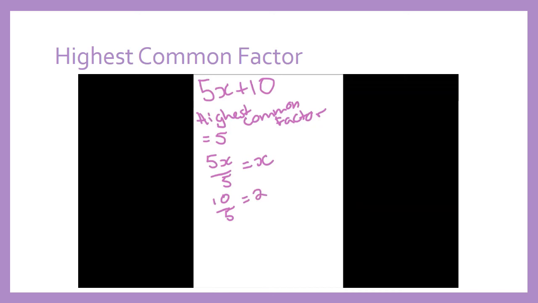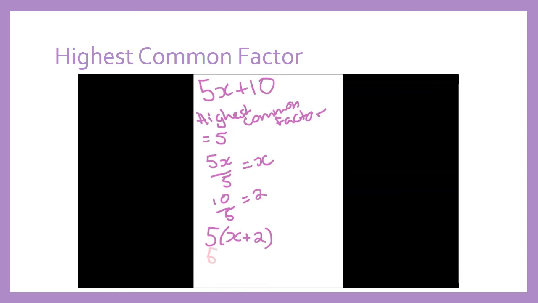So when I factor out 5, I write that at the front and a set of brackets, then I write x plus 2. Because 5x divided by 5 is x, 10 divided by 5 is 2. So we can do a quick little check by expanding this using the distributive law.